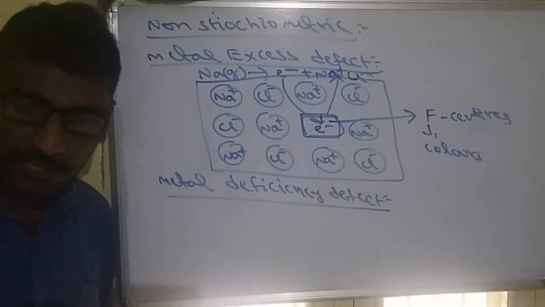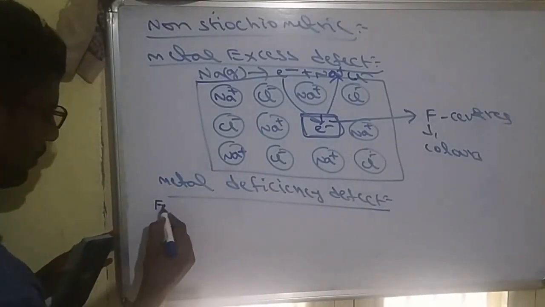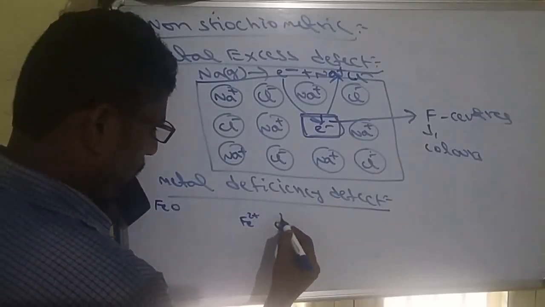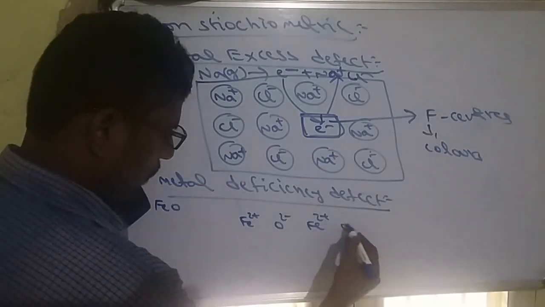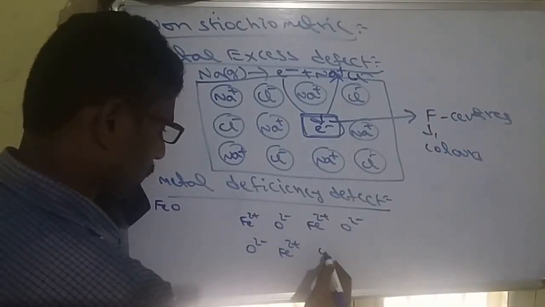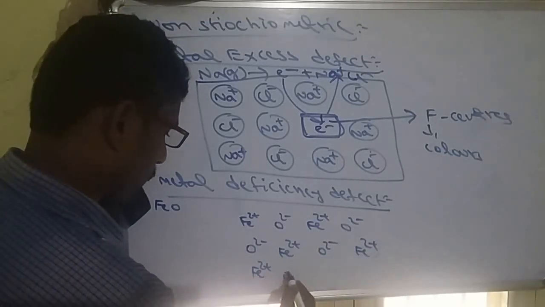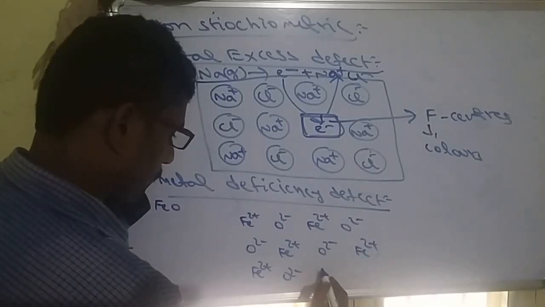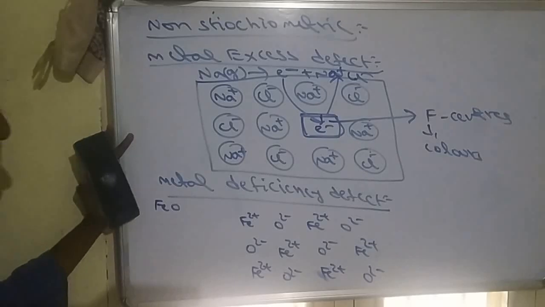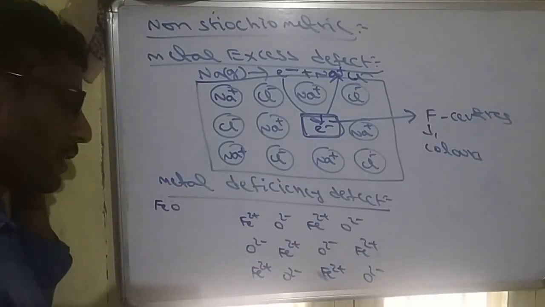Similarly, metal deficiency defects also exist. For example, take iron oxide, FeO. It is made up of Fe2+ and O2- ions. So in iron oxide FeO, Fe2+ ions and O2- ions are present in the crystal.